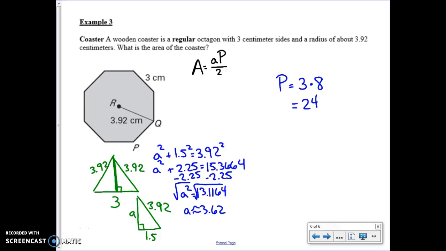So then the area is the apothem, approximately 3.62, times the perimeter over 2. So I get about 43.44, and my label is centimeters, and since it's area, we square it.